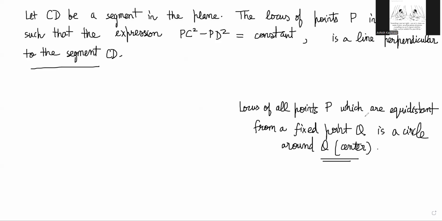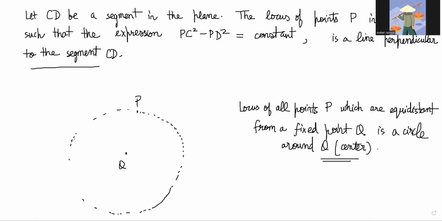So basically, if there is a point P which moves in such a way that it's always equidistant from Q, then obviously it should trace out a circle, right? Yes, sir. So the meaning of locus is that it's a path that a point P follows while always satisfying some condition. What is the condition here? That the distance to Q is fixed.